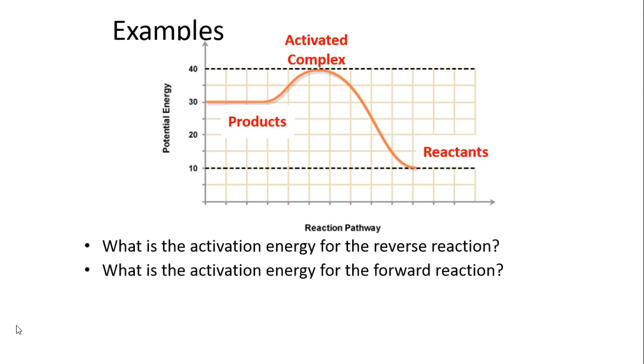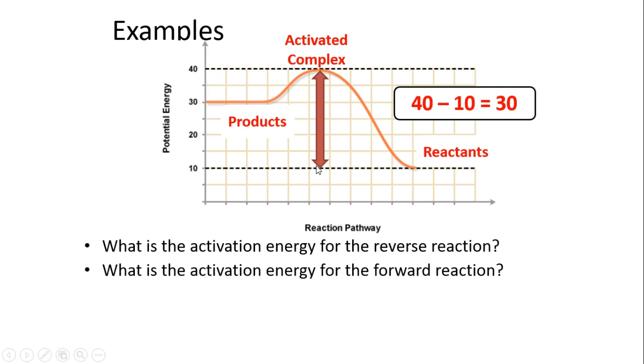For activation energy, it's from where the reactants start to the top of the hill, how much energy you have to make it into that complicated transition state. So that would be from here to here. If we actually find that energy, it would be 40 minus 10, which is 30. So our answer here would be 30. Just figuring out the difference between those numerically.